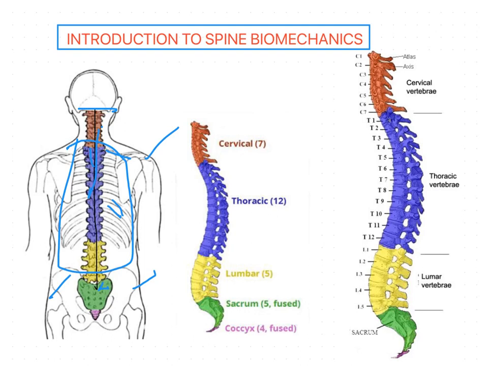If you see these functions, some functions require structural stability, whereas others require mobility. Normally, the structural requirements for stability are quite opposite to the structural requirements of mobility.